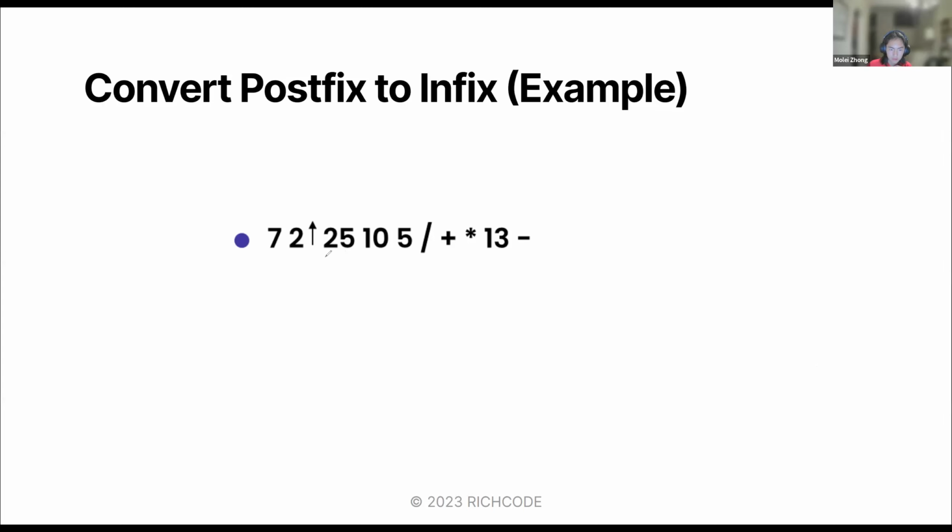This is 25, and this is 10. There isn't a space between these, so this should be just one number. That might be why your answer is a little bit different. The arrow means an exponent, so if you see an arrow, it just means you raise the first number to the power of the second number.